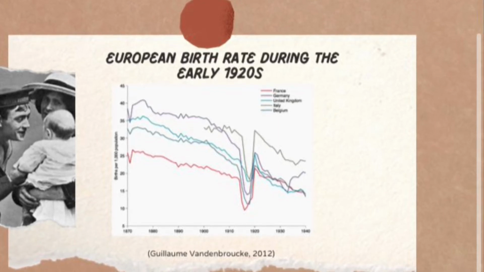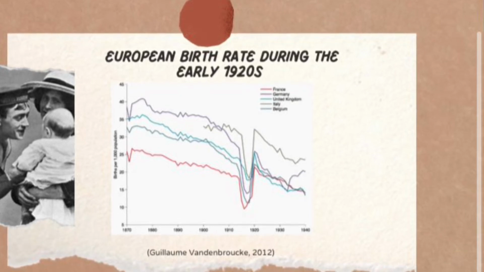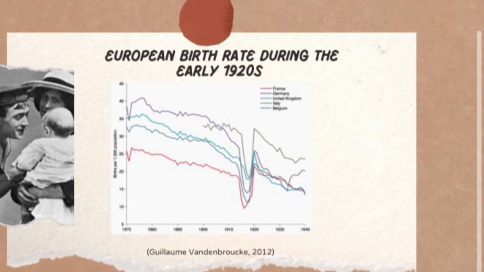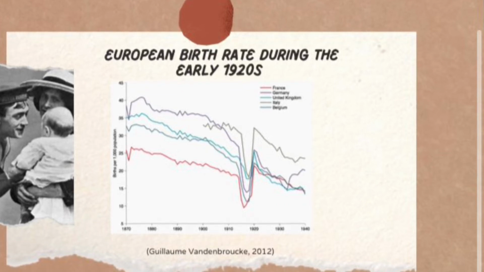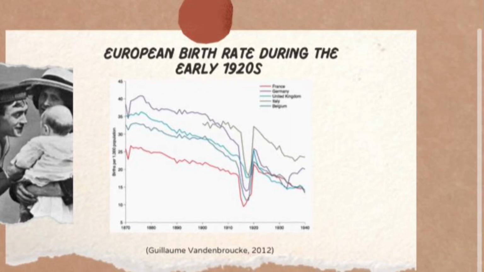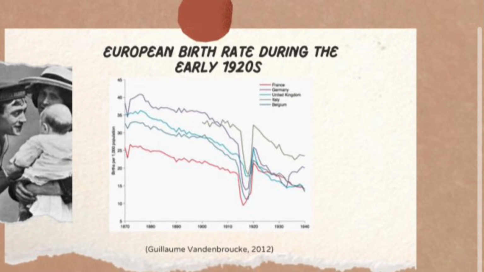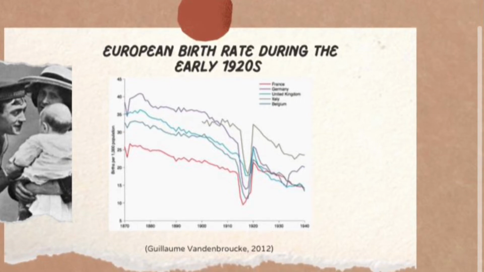So we can see how men getting killed during the war or getting deployed was a really important cause for these birth rates to collapse in Europe at that time, because there were no men in the household to procreate any life at all.